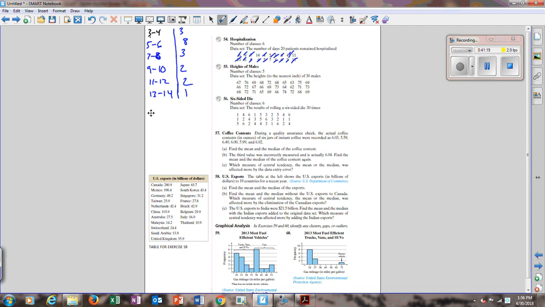Then we make a frequency distribution. So it's like that. We'll start at 3.5 and 5.5, 7.5, and 9.5, and 11.5, and then 13.5.